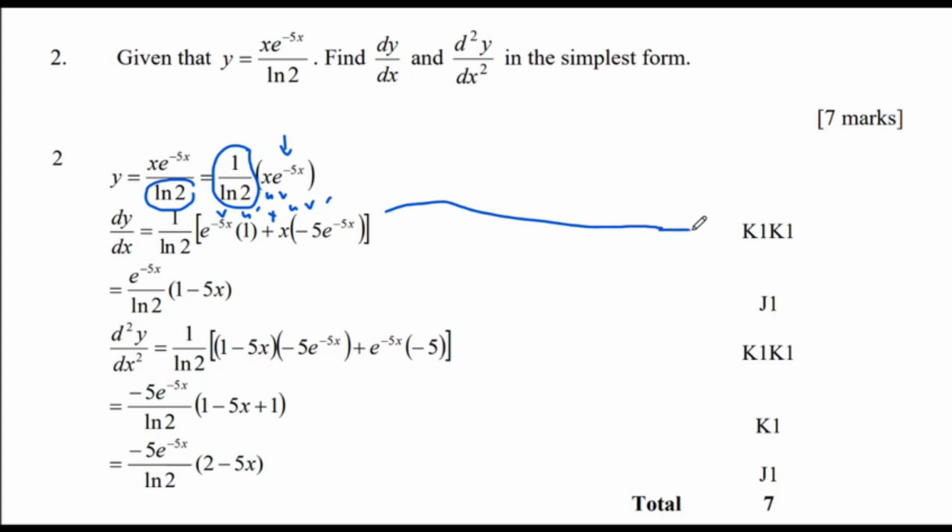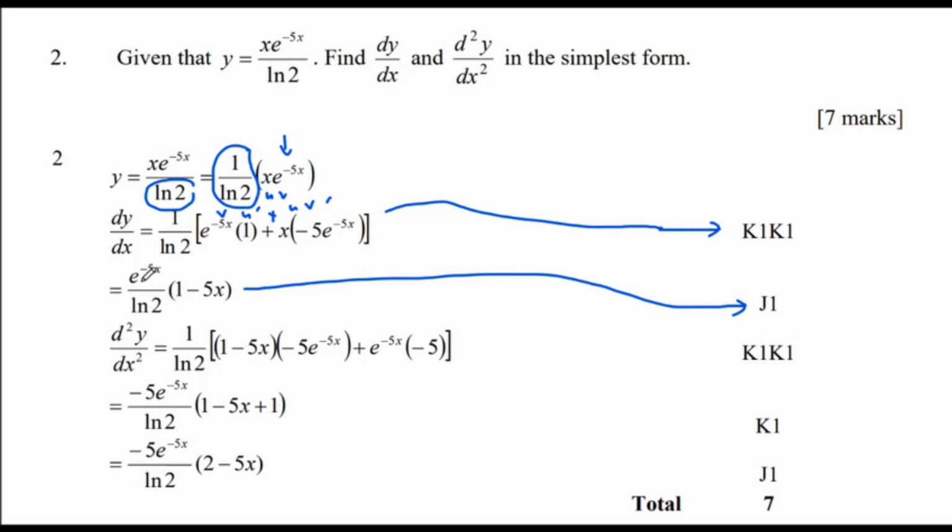Keluarkan 1 over ln 2 dapat satu markah, and then you differentiatekan x exponent negative 5x ni guna product rule dapat K1. And then you just simplify dalam ni, apa yang boleh simplify, kita potong dan seterusnya kita factorize kan ya, you will get another J1. So dapat exponent negative 5x over ln 2 dalam kurungan 1 minus 5x. Tak factorize pun tak apa, boleh. Okay, second derivative, okay, kita keluarkan dia punya constant 1 over ln 2.